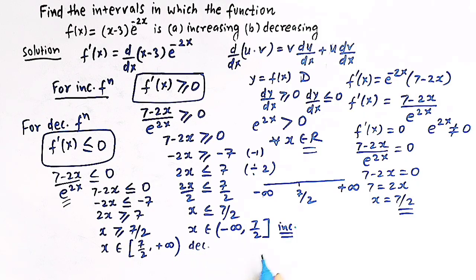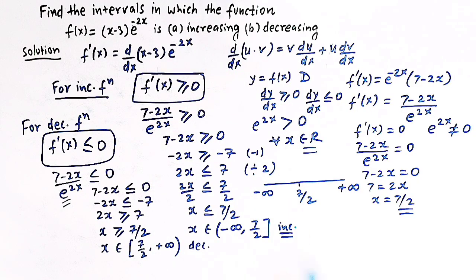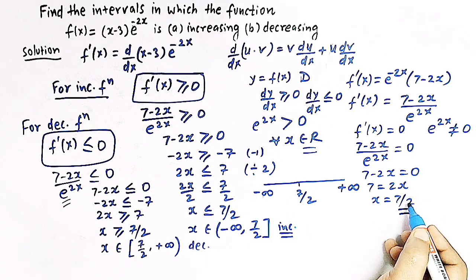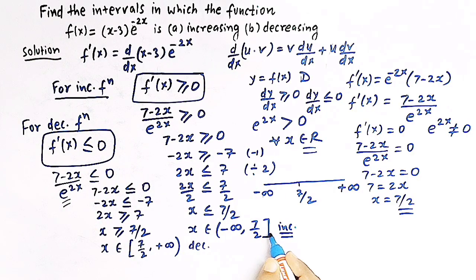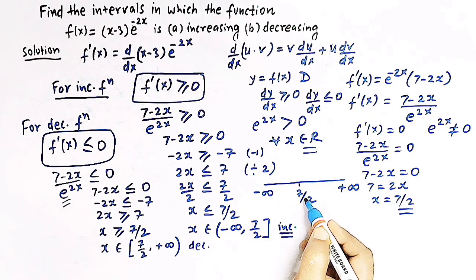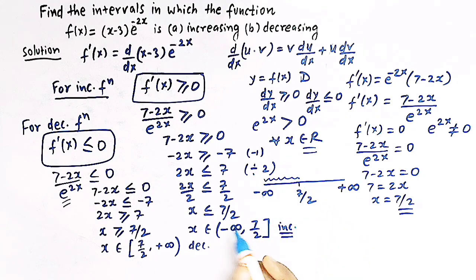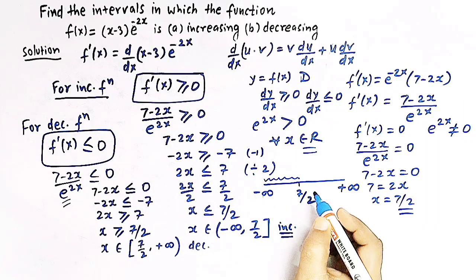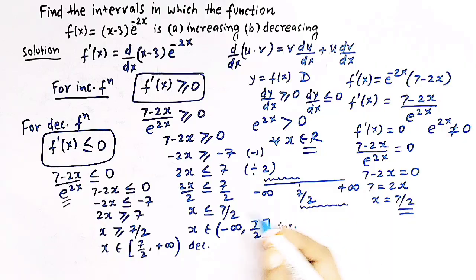So these are the required intervals where this function is increasing and decreasing, and 7 over 2 is the critical point of this function f of x, right? So from minus infinity to 7 over 2, we have the function as an increasing function, and from 7 over 2 to infinity we have the function as a decreasing function.